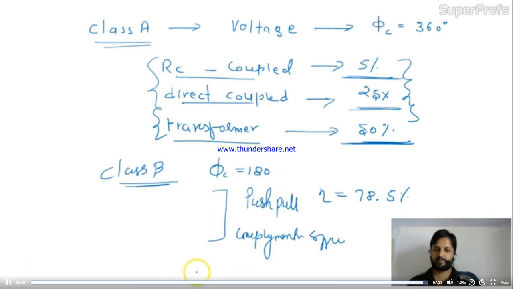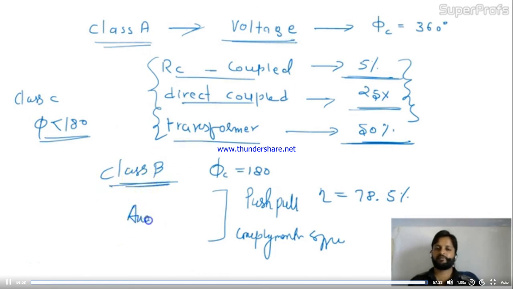Now if we talk about the class C amplifier, the class C conduction was below 180. Okay. Class A amplifier was the voltage amplifier, class B amplifier was the audio frequency amplifier, and class C is the tuned power amplifier, because we were using the tuning circuit.